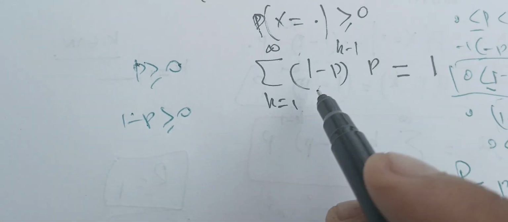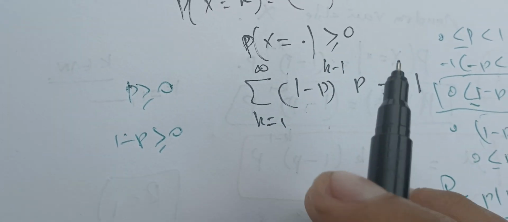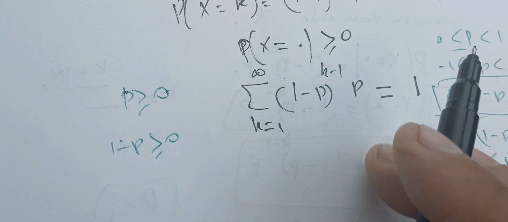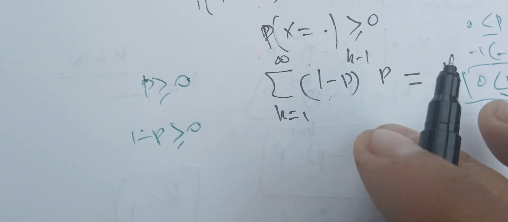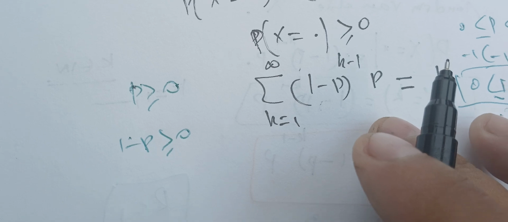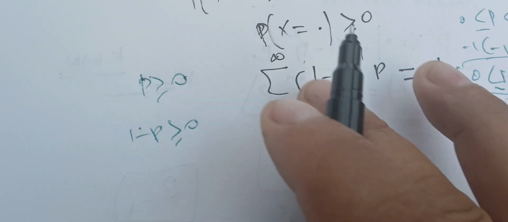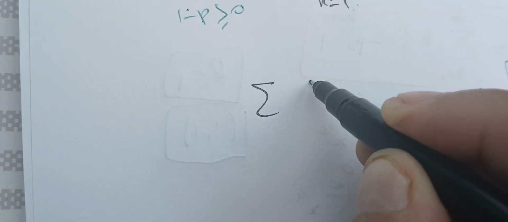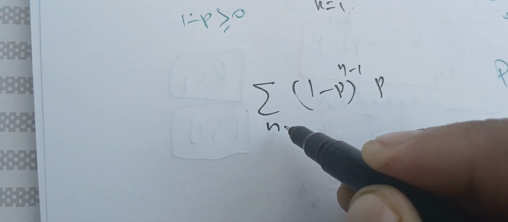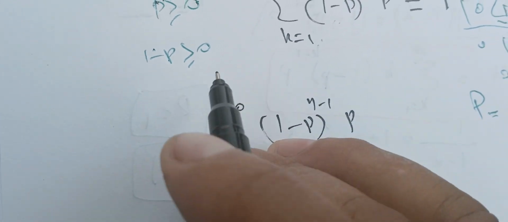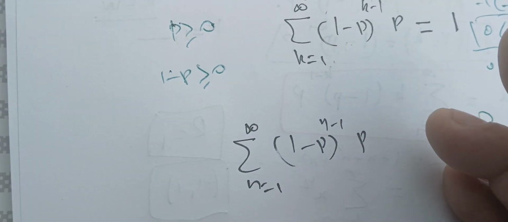One key idea here is that to do so, we need to apply the definition of the sum of the series. So in this case, we take the nth partial sum. We can write the sum of (1 minus p) to the power n minus 1 times p. I'm using n because we are used to n when we are dealing with series.